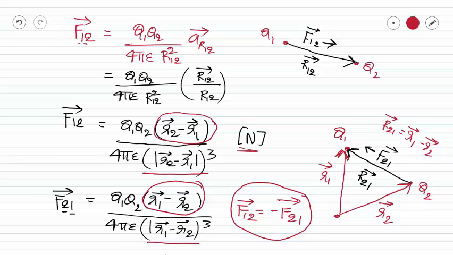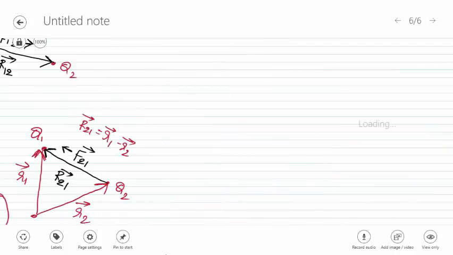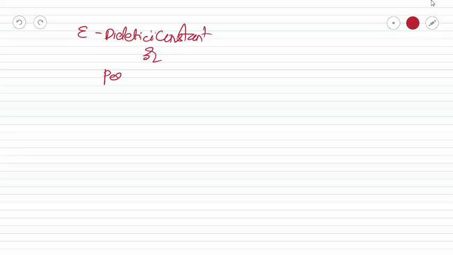Earlier we discussed the dielectric constant epsilon. So epsilon is the dielectric constant or permittivity.